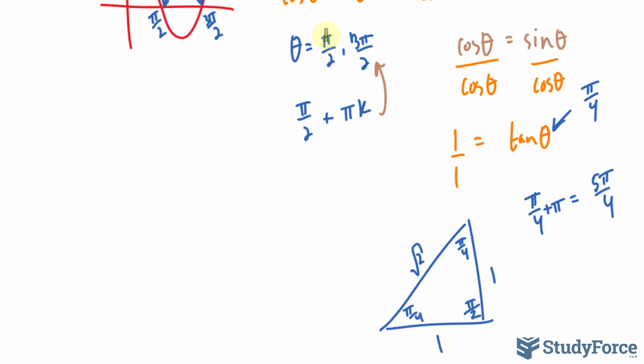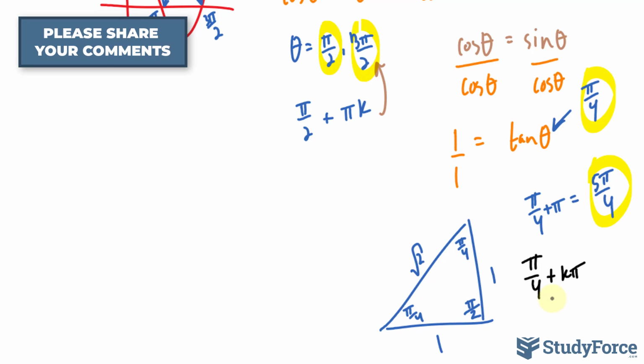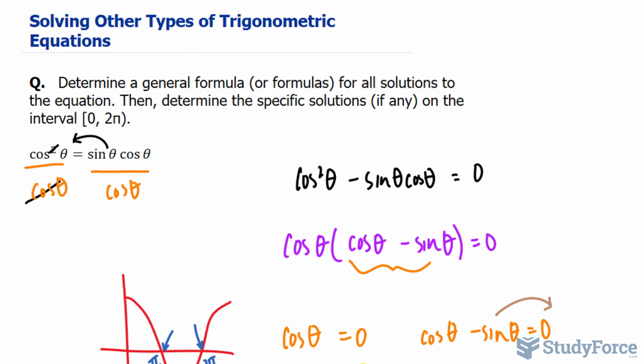So I have this, that, this angle, and that angle that are between 0 and 2 pi and are answers for this equation. Now generally we can write this down as pi over 4 plus k pi, where k is any integer. That would be considered the general formula. And so there you have it. That is how to solve atypical trigonometric equations.